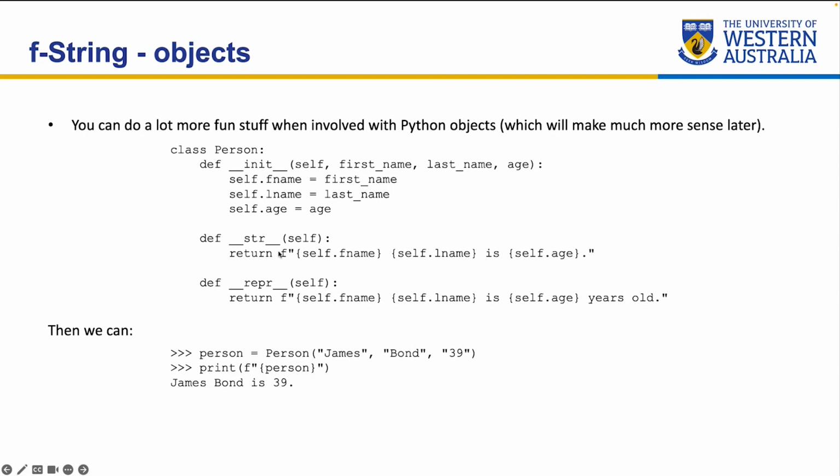Then it will just call that method directly. But this will make much more sense later on, so don't worry too much about it. We will revisit this definitely, but this makes it a whole lot easier in order to interact with different objects and printing about objects.